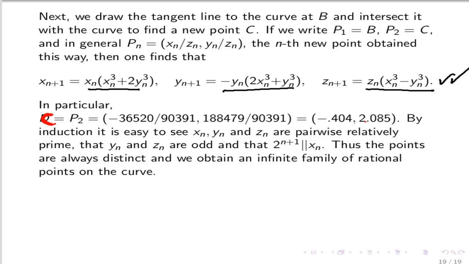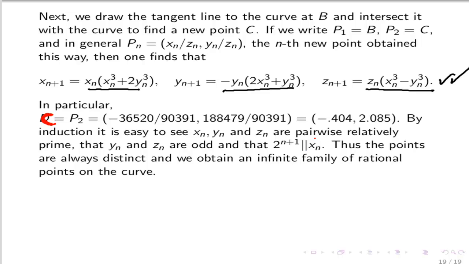And what happens? How are we getting an infinite collection of points, or is it going to start cycling around on itself? Well, you can do a little work and prove the following by induction, that the xn, yn, and zn are always going to be pairwise relatively prime, that yn and zn are always going to be odd numbers, and that 2 to the n plus 1 will be the multiplicity of 2 dividing xn.